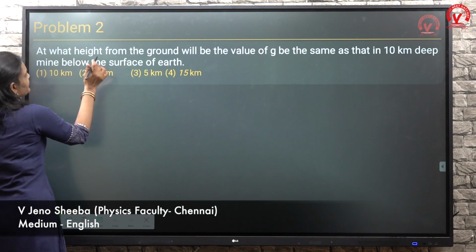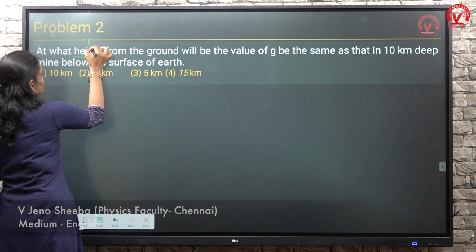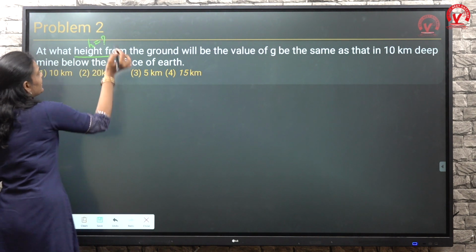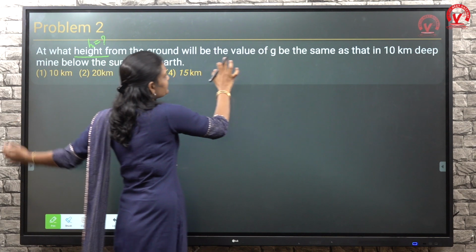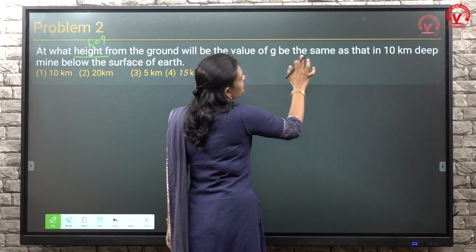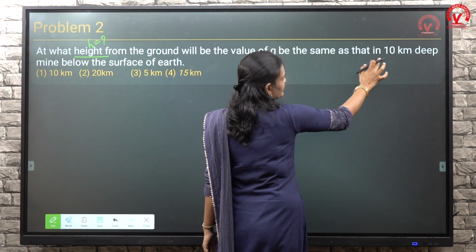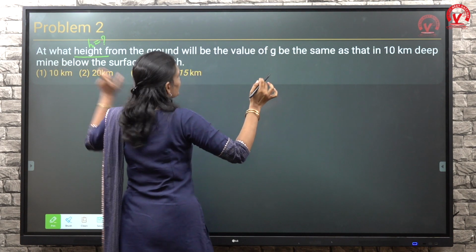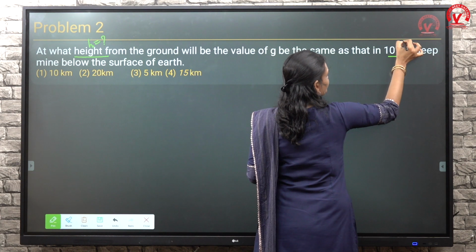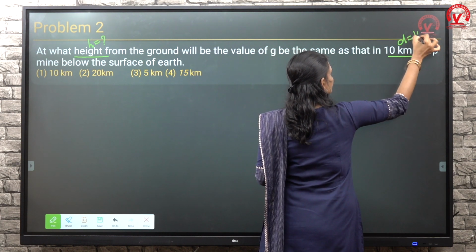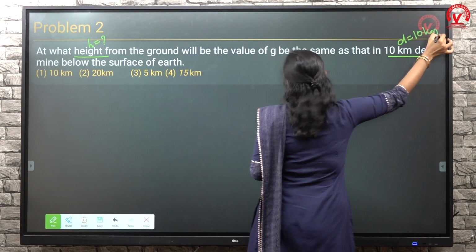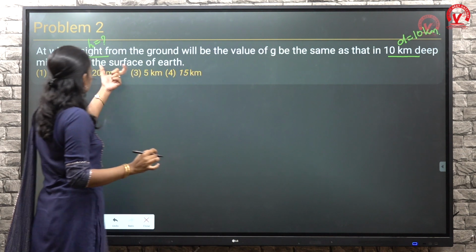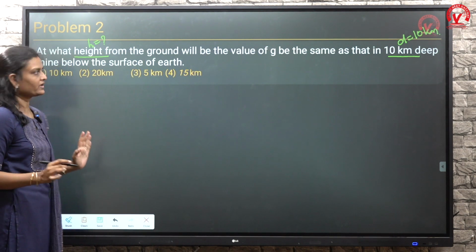Now we are going to see problem number 2. At what height from the ground will the value of g be the same as that in a 10 kilometer deep mine below? They are asking for the height, h. They gave d as 10 kilometer below the surface of the earth.